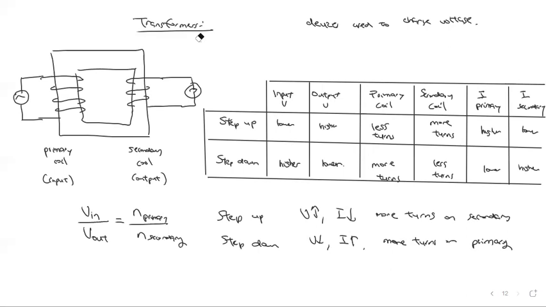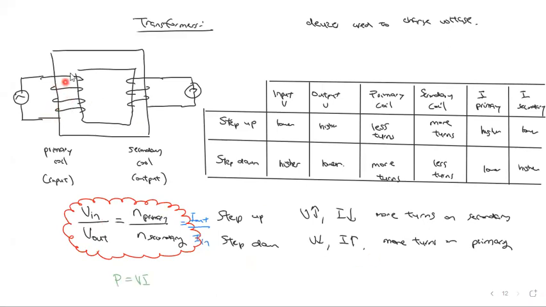You can, of course, then also have this relationship equal to I out over I in. But I personally would prefer that you think of it in terms of voltage, especially with the step up and step down terminology: think what happens to the voltage, then consider that power must be constant, P equals VI, and then think what happens to current.